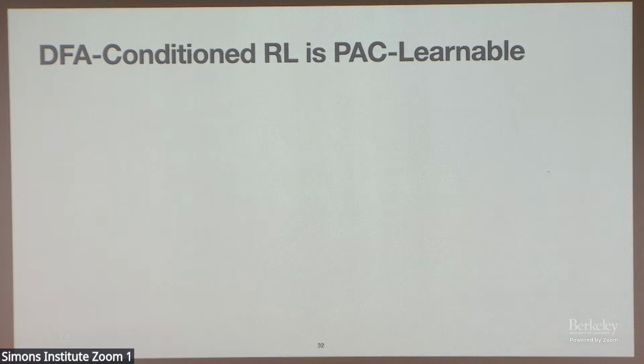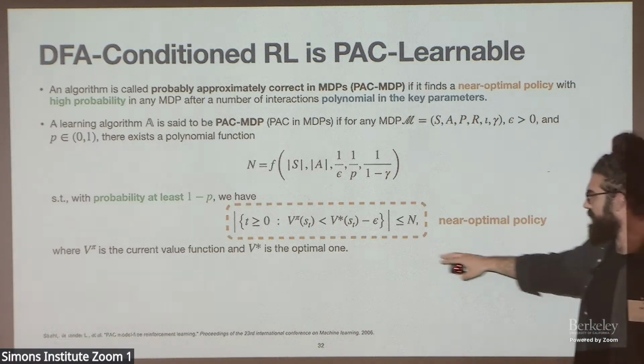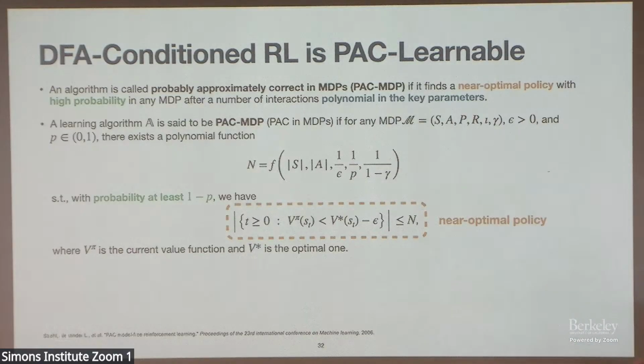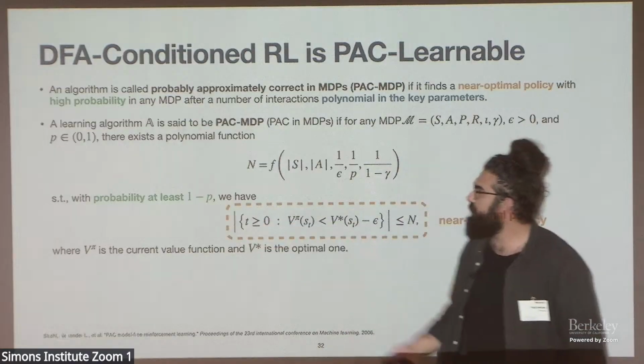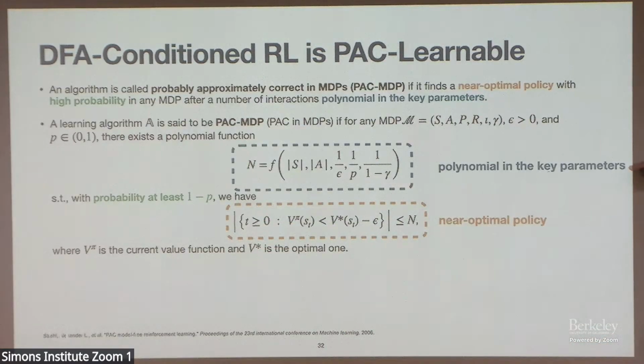The way we think about PAC learnability in this context is as follows. An algorithm is called probably approximately correct in MDPs if it finds a near optimal policy. This is what I mean by near optimal: you're epsilon close with high probability, with probability 1 minus p, in any MDP, after a number of interactions polynomial in the key parameters of the algorithm.